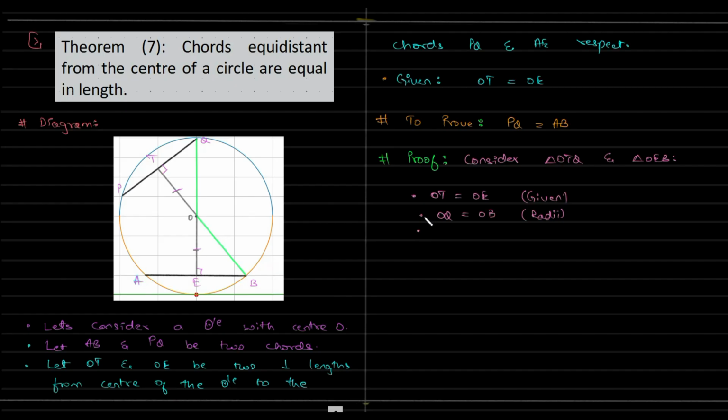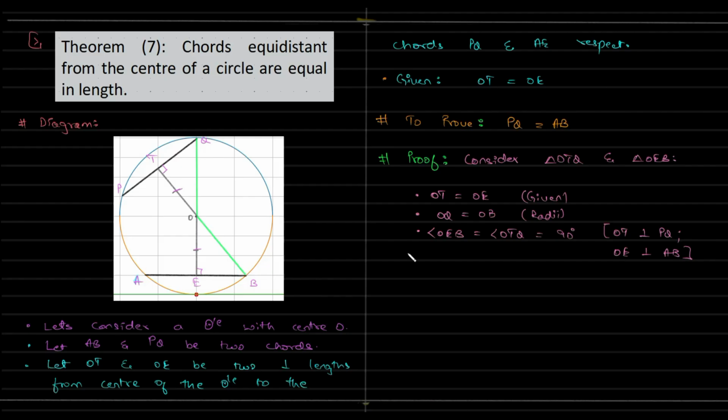And we have angle OEB is equal to angle OTQ. Both of them are equal to 90 degrees, since OT is perpendicular to PQ and OE is perpendicular to AB.